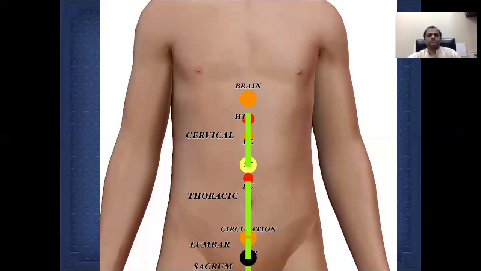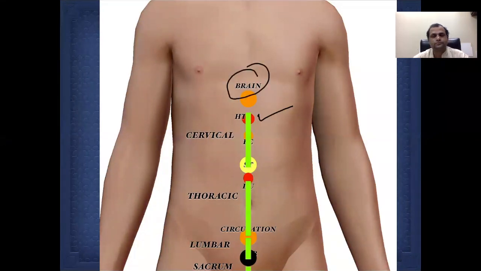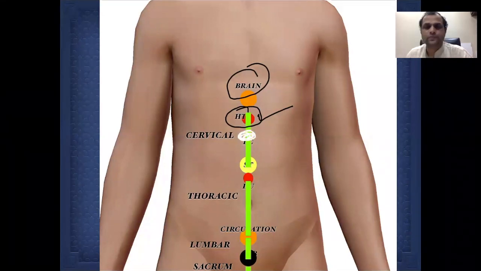Look at this image. The upper point is brain. The second point is the heart. Then the third point, very small, is pericardium. Then the fourth point is the stomach. Then this is the navel region.